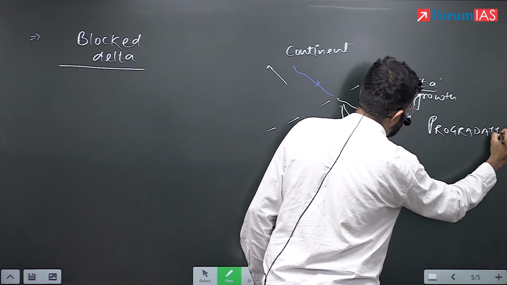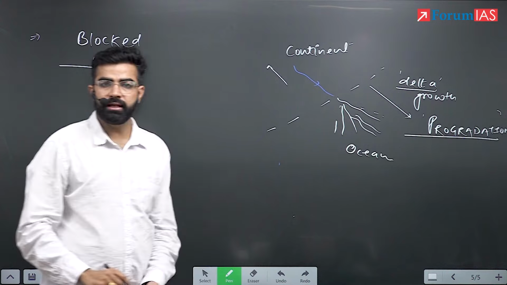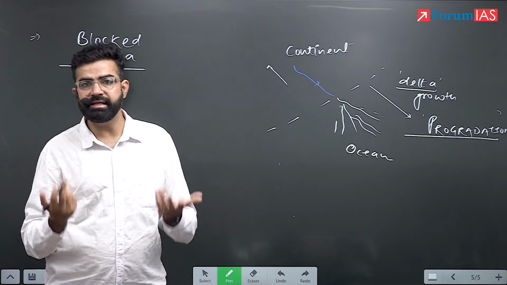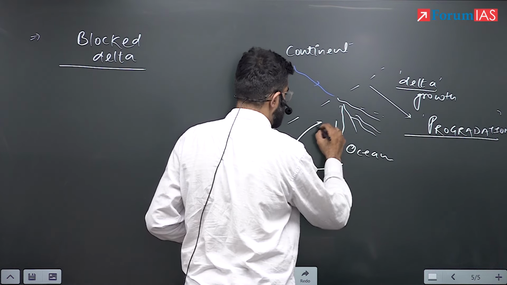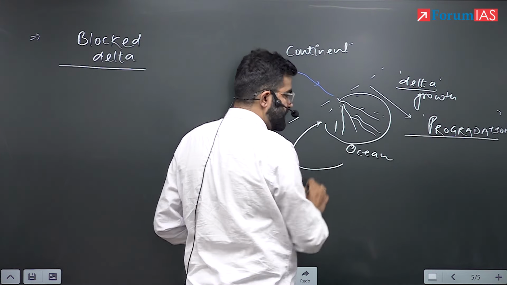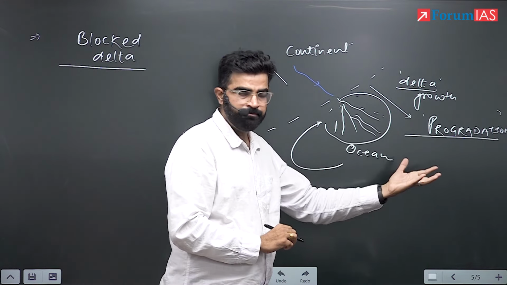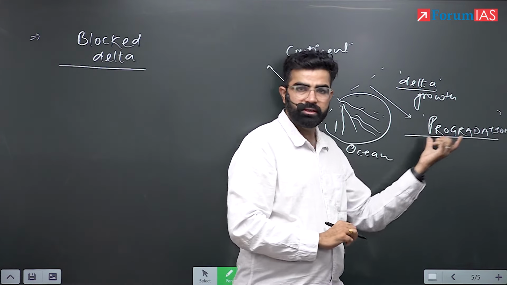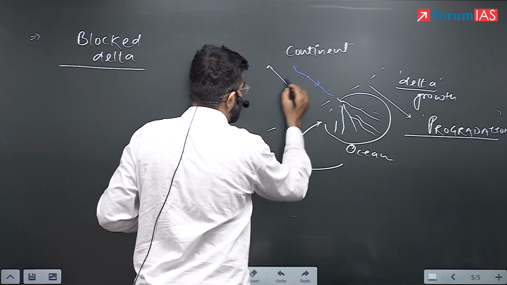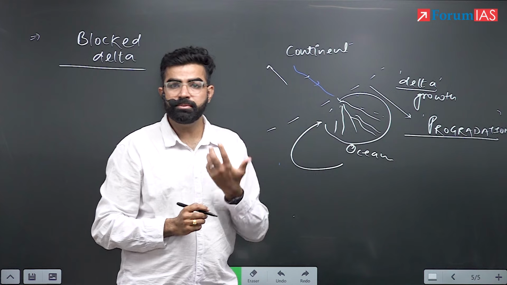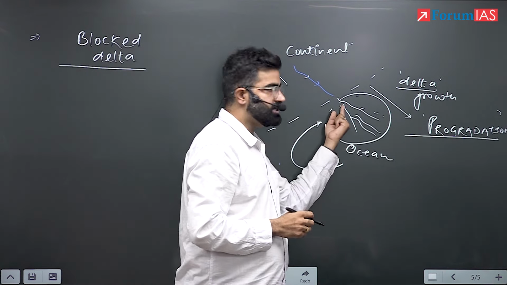Progradation. Now what happens if the process of progradation has been stopped by some reason. This reason could be, number one, the oceanic water is not allowing this deposition to occur, because of its erosional work, continuously it is removing the sediments. So progradation will not occur. The second thing could be the sediment supply from the river itself has been blocked or reduced, and therefore no more sediments are coming here.